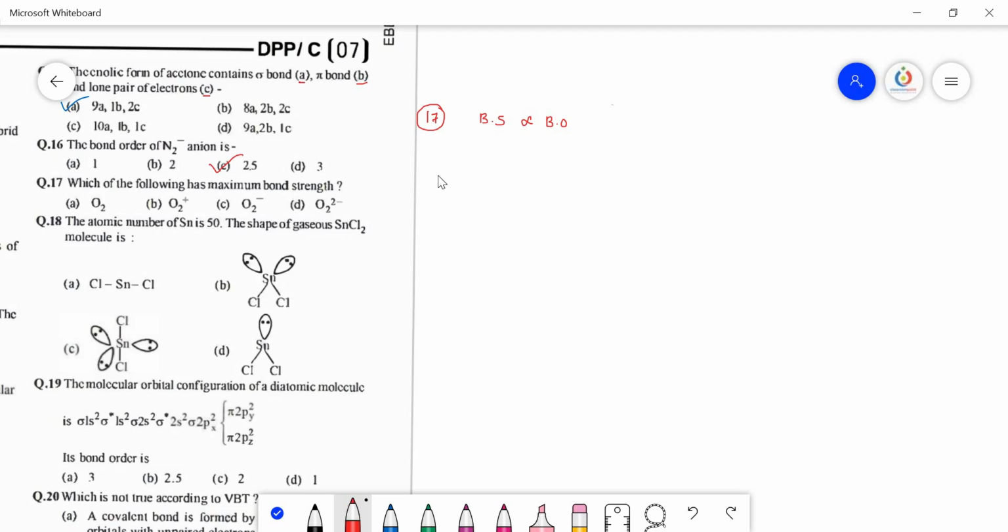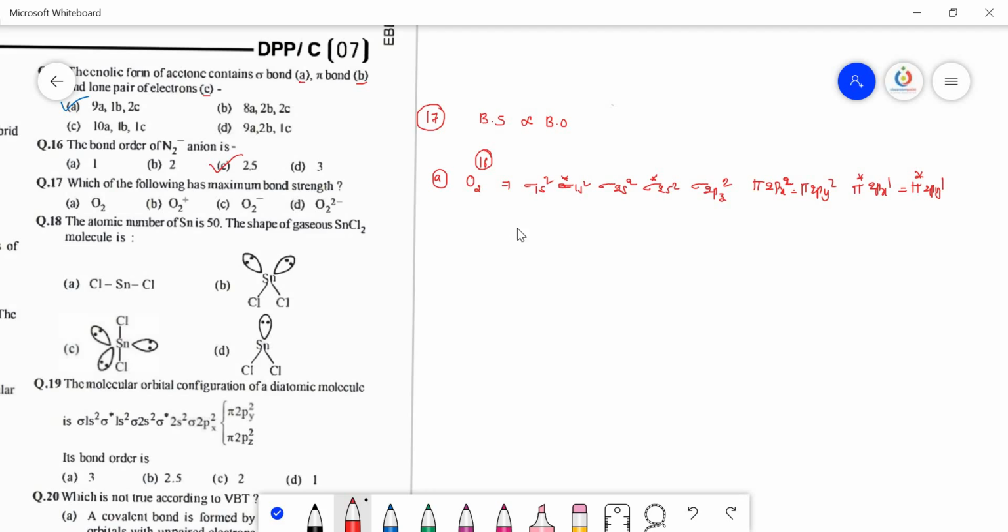First, let's calculate the bond order for the oxygen molecule O2, which has 16 electrons: sigma 1s2, sigma star 1s2, sigma 2s2, sigma star 2s2, sigma 2pz2, pi 2px2 equals pi 2py2. Next, pi star 2px1 equals pi star 2py1.